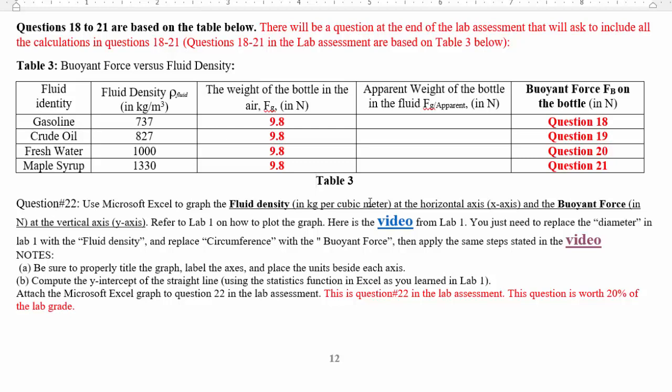Now, for the relationship to be directly proportional, it's not enough for the graph to be linear. The y-intercept also has to be 0. We know that a linear graph has constant slope and the y-intercept has to be constant as well. But for the relationship to be directly proportional, it has to be linear and the y-intercept has to be 0.